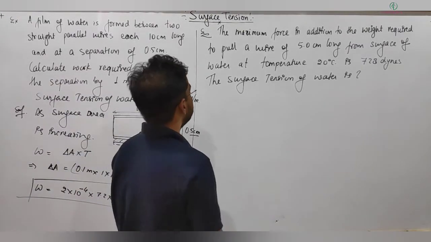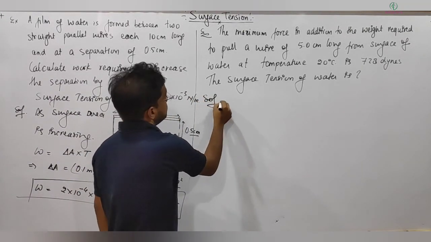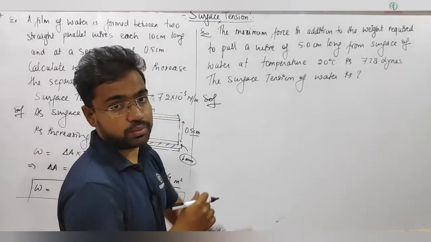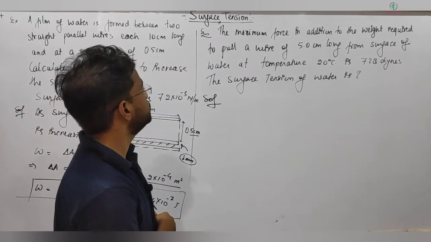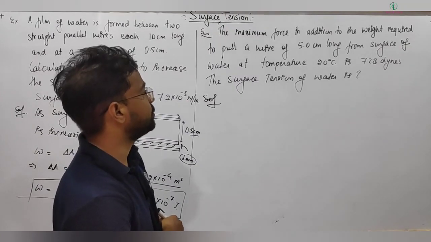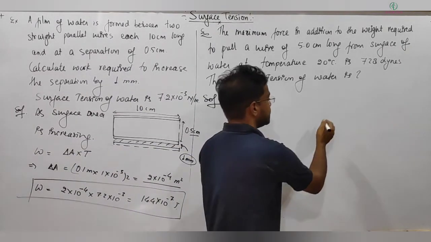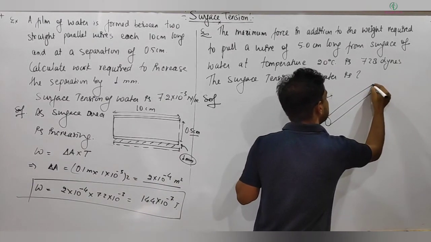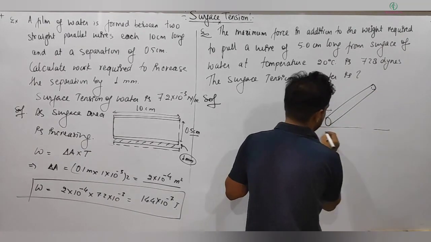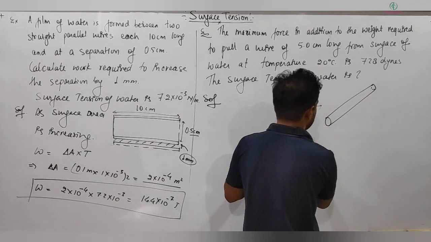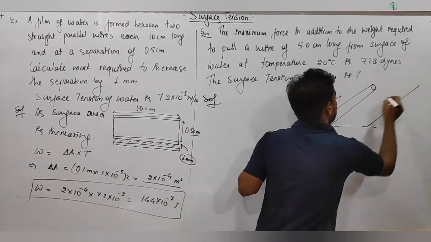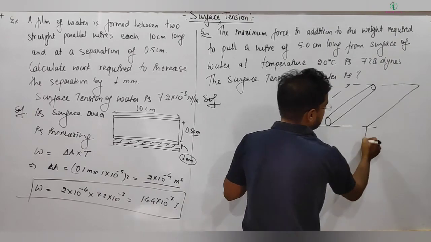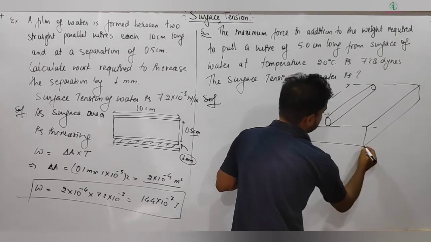Let's see the next problem here. The minimum force, in addition to the weight, required to pull a wire of 5 centimeter length from the surface of water. So let's say this is a wire which is lying on the surface of water like this.